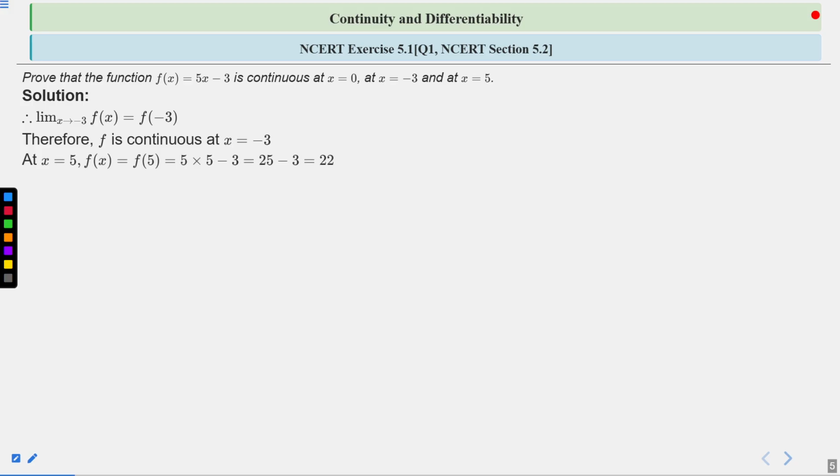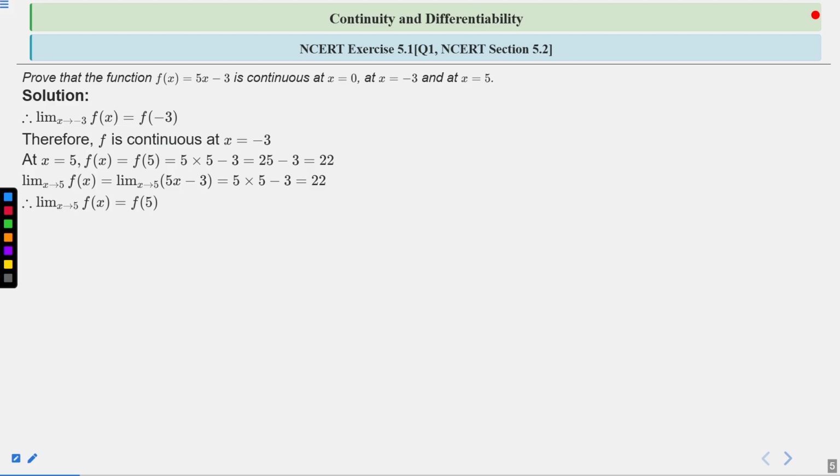Now at x = 5, f(5) is equal to 5 into 5 minus 3, which comes out to be 25 minus 3, which is 22. Now the limit as x tends to 5 of f(x) is the limit as x tends to 5 of 5x - 3, which comes out to be 5 into 5 minus 3, which is 22.